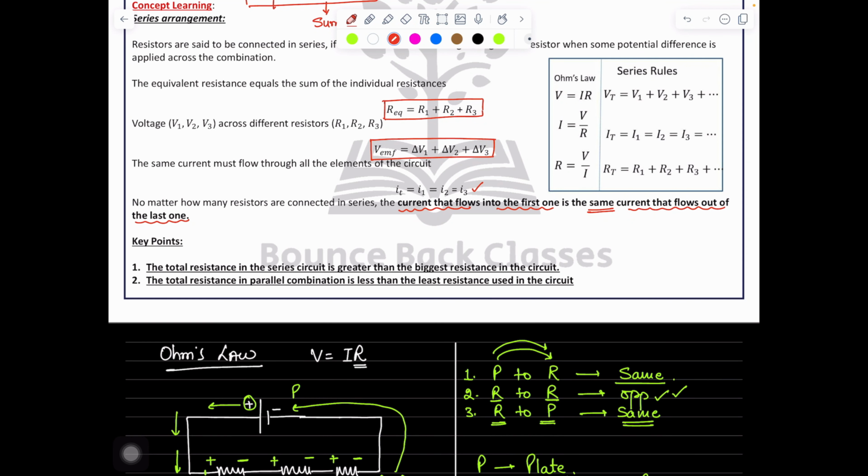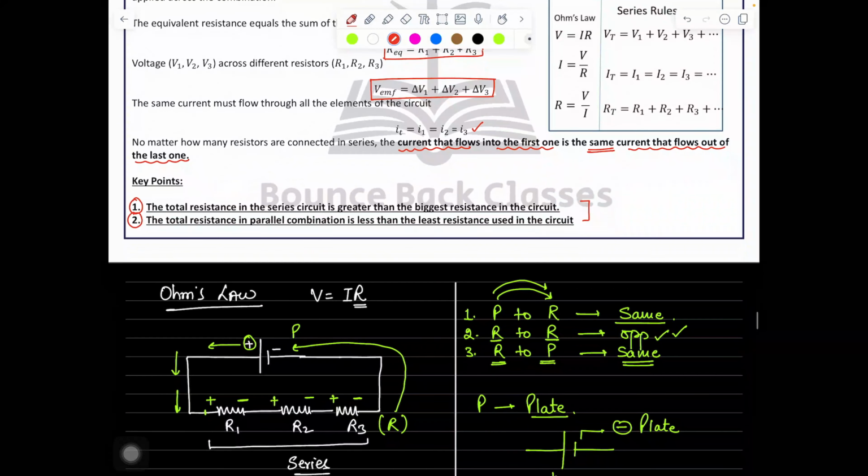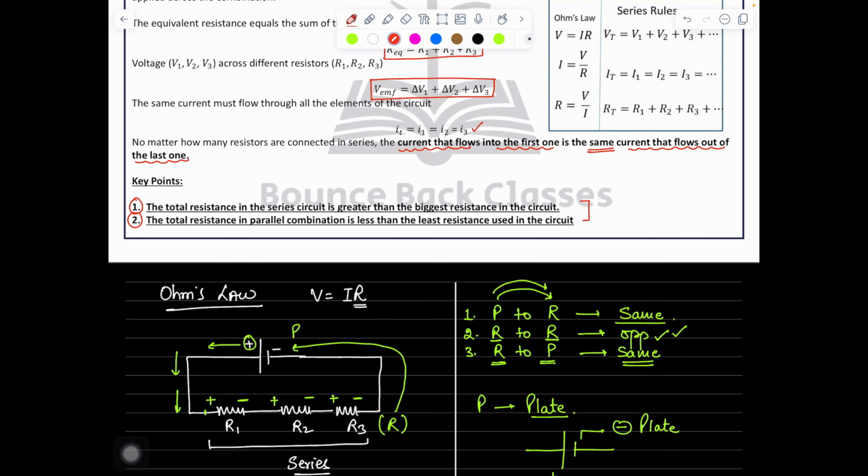Fine. Okay, these are the key points, and they might ask you this question in the exam. The total resistance, what is the meaning of total resistance? R equivalent. Remember, R equivalent in a series circuit is greater than the biggest resistance.